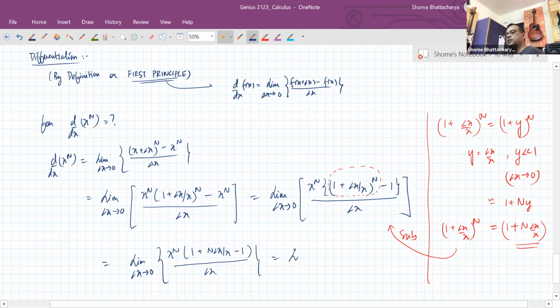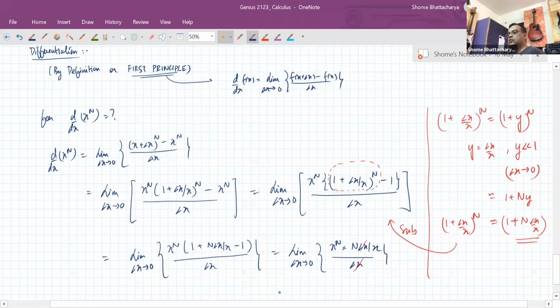Next step, you can see that the job is done. Now again, remember delta x is not equal to 0, it is tending to 0. So we can always cancel this delta x and this delta x, and we have the formula that this is n into x to the power n minus 1.